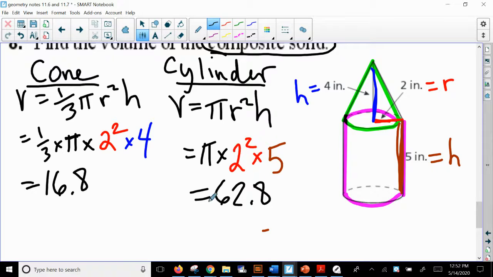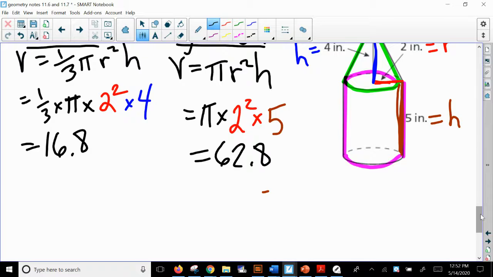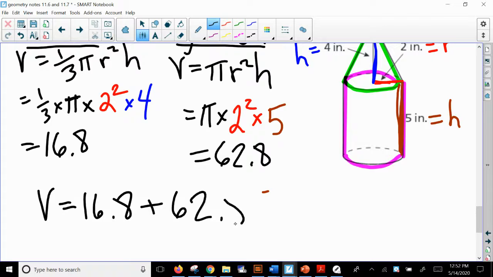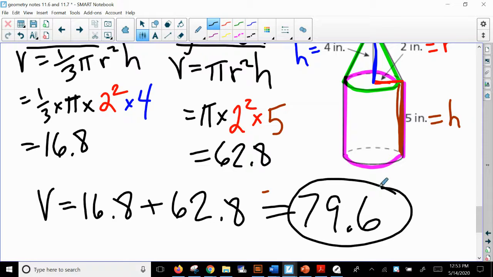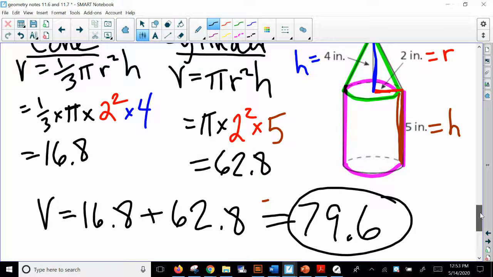Now that I have my cone and my cylinder, my total volume will be 16.8 plus 62.8. Together, I got 79.6. Final answer. That's my volume of my composite object. Okay?